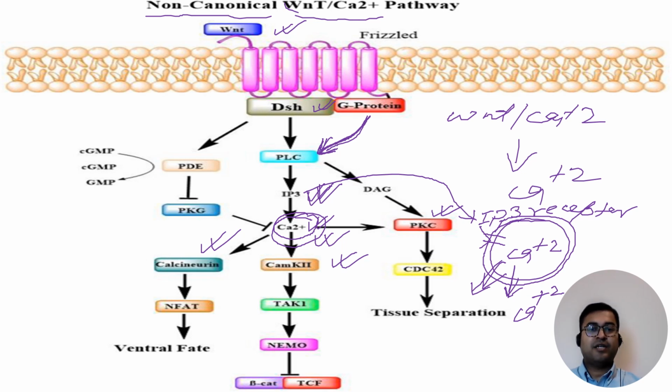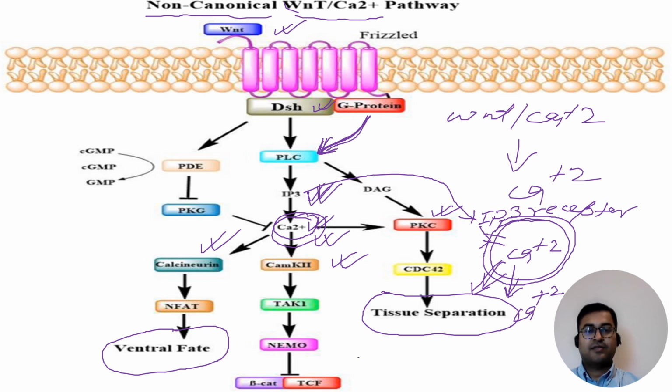It can affect multiple pathways which can finally lead to ventral fate determination or tissue separation. Again, you can easily make out from here that these are processes involved in embryonic development.